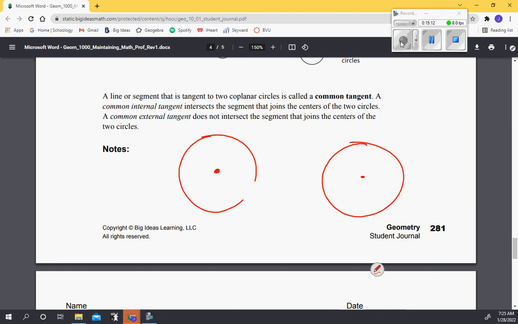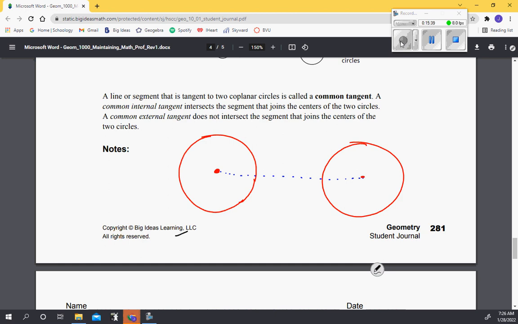There's your center. Pretend there is an invisible line that connects those two centers. Pretend those are being attached by that blue line. The internal tangent intersects that line.